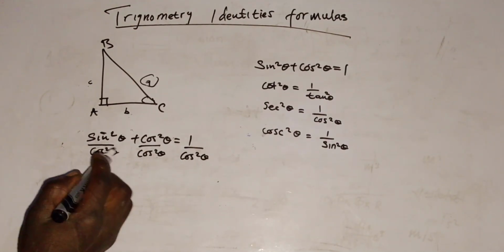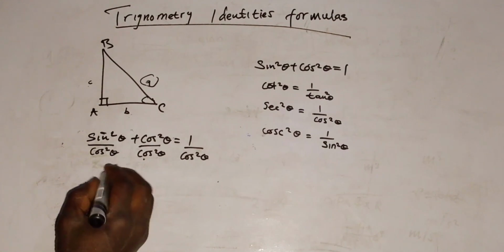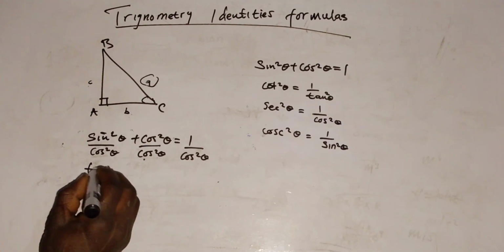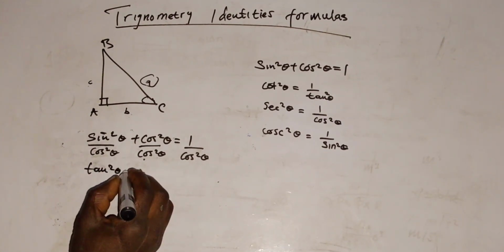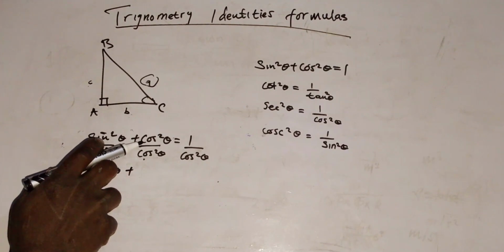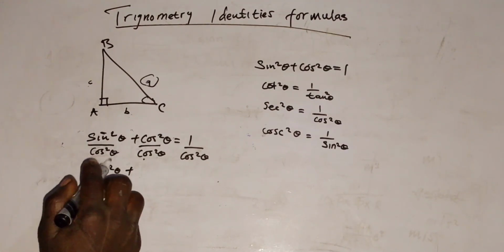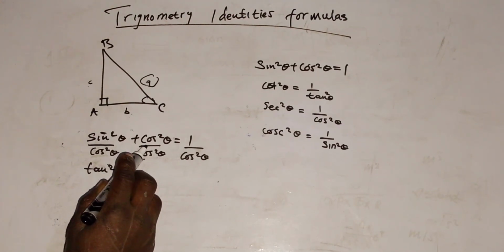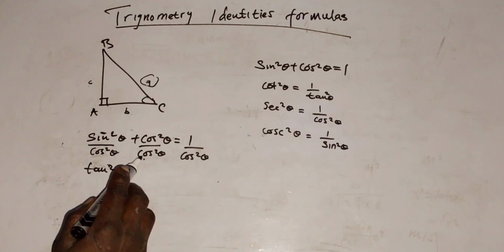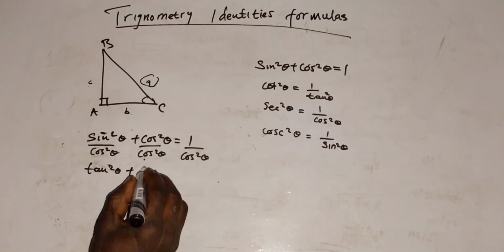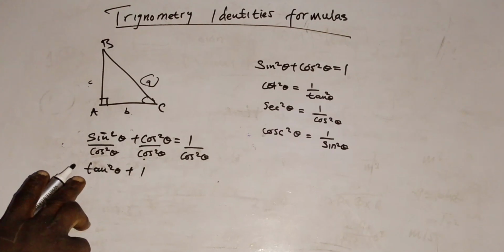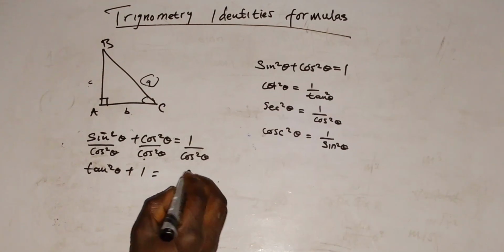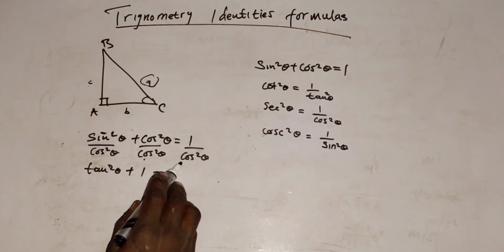Here you're going to have 1. So here sine squared over cos squared theta is tan squared theta, then plus cos squared theta over cos squared theta, which is 1. So now tan squared theta plus 1 equals 1 over cos squared theta.